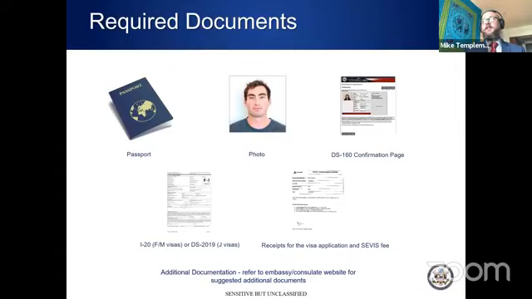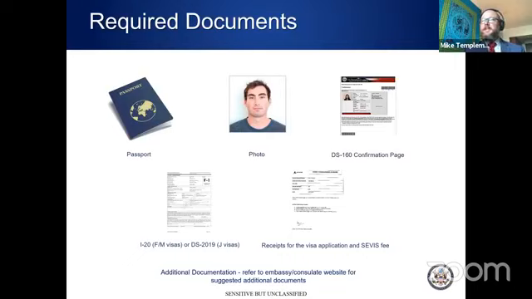For instance, it has to have a white background, and it has to be an exact size. If your photo needs to be retaken, it's not that big of a deal, but again, anything that has to change can just slow up your process and make it harder for us to facilitate the issuance of a visa. So it's easier if you read that carefully and go to a vendor who can take a passport photo for a US passport.